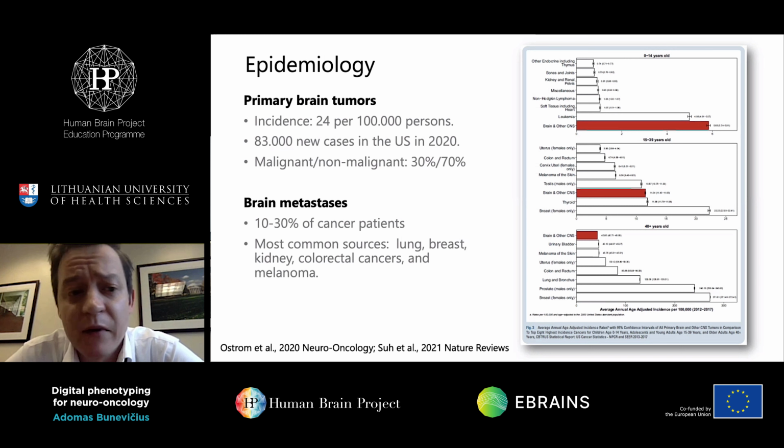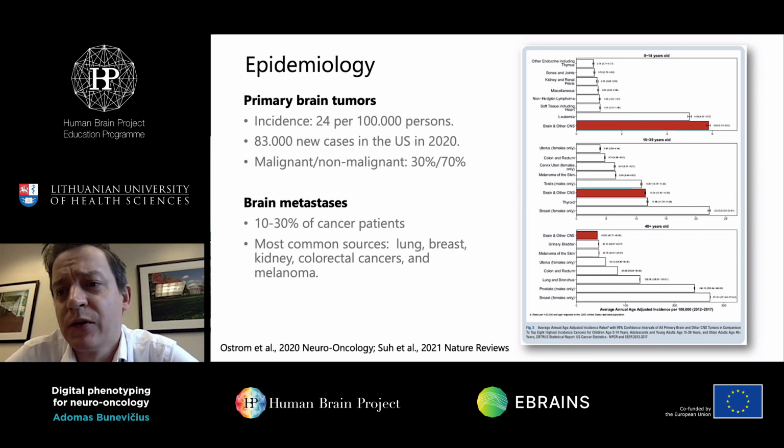Most of them are non-malignant brain tumors, such as meningiomas, which can be followed, and sometimes we don't have to treat those patients at all, just keep an eye on them. However, one third of them are malignant, and for malignant brain tumors we have no good cure, despite extensive research.